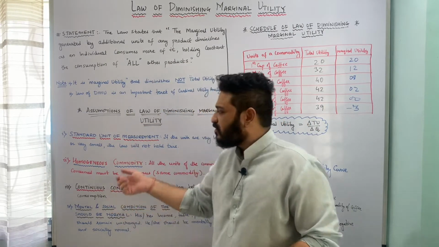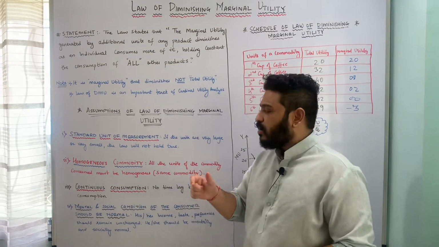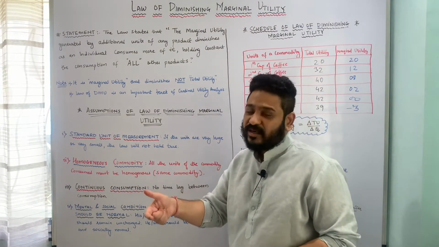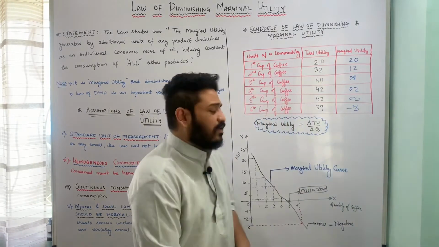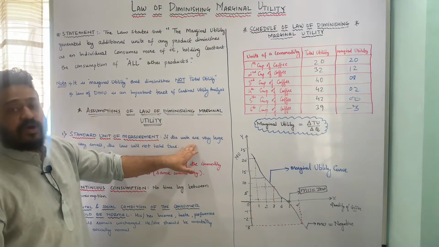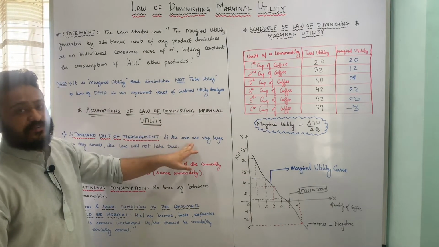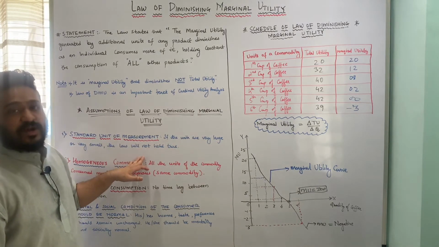So, let us look at the first assumption: standard units of measurement. Here I am going to look at whether the units are very large or very small, because if they are, then the law does not hold true.